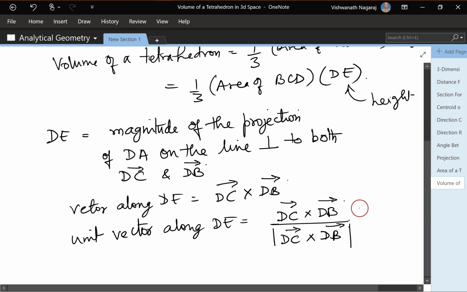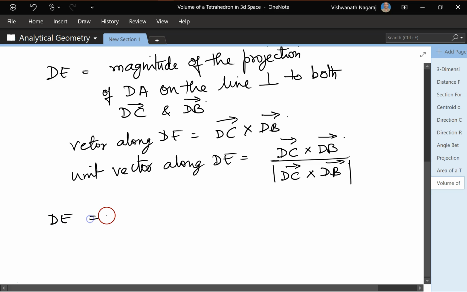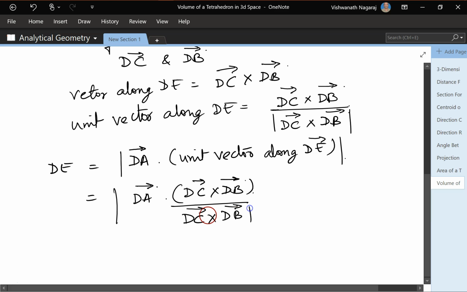So DE would be equal to the projection of DA along the unit vector along DE. This would be DA dot DC cross DB divided by the magnitude of DC cross DB.